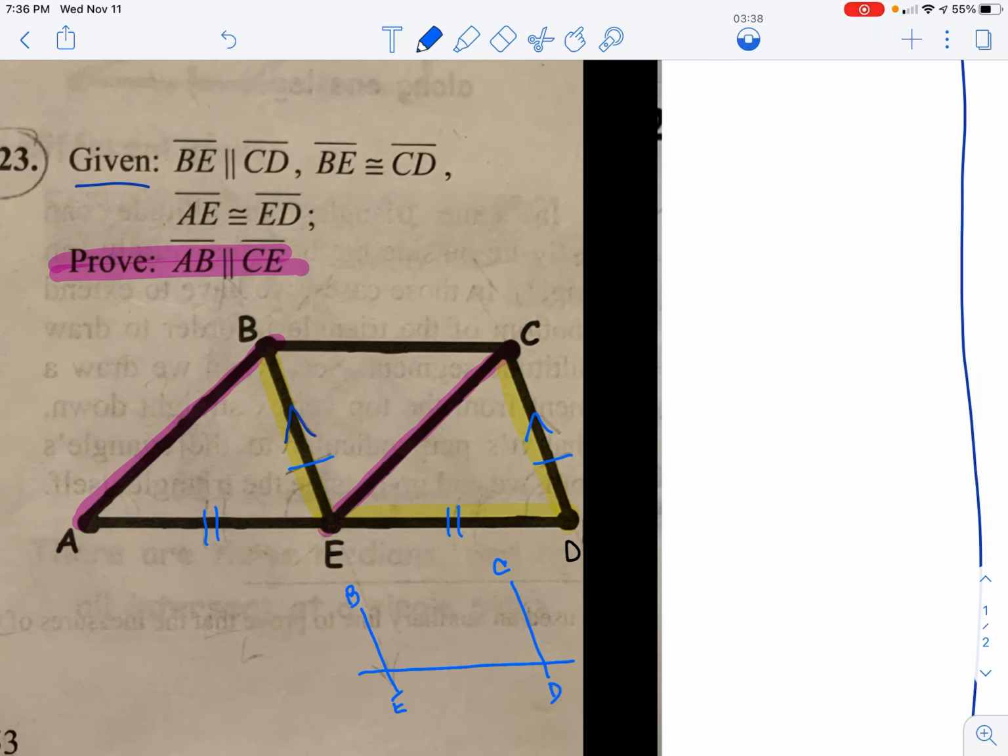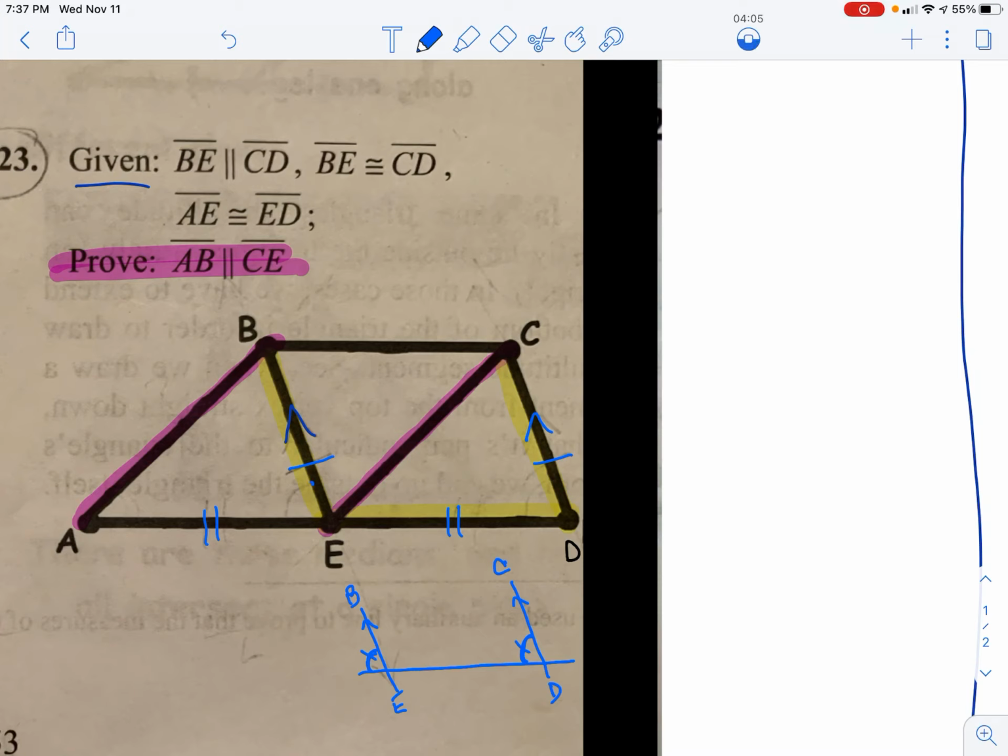And what that creates for us here is corresponding angles. Remember, if it's sitting in the same position on top of or below or however, on those parallel lines, so here these lines are our parallel lines, if those angles are positioned the exact same way on each parallel line, then they are congruent.